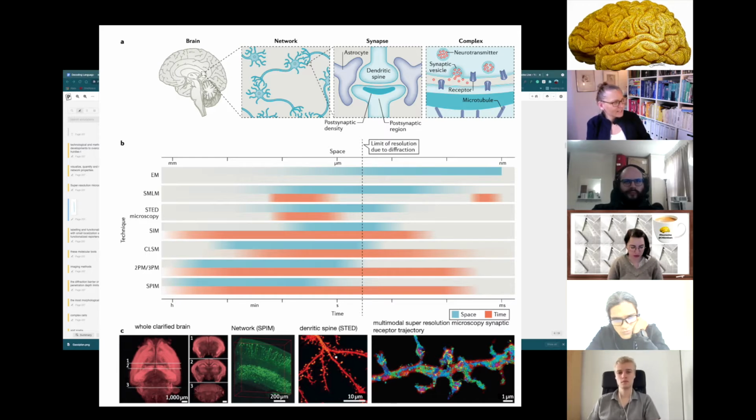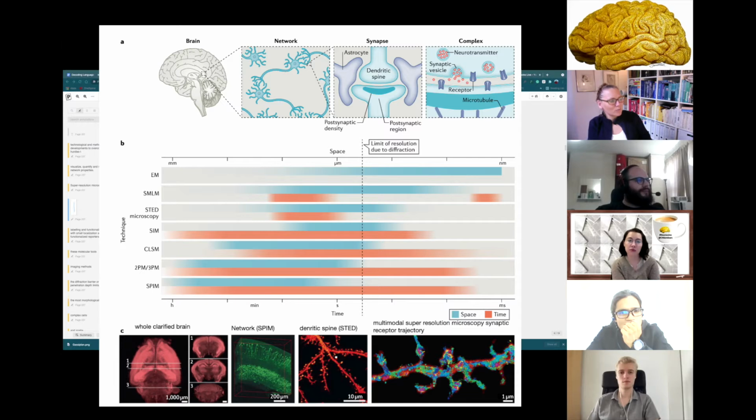And then as an example of what we can get from it, you can see here the whole brain imaging. That's a clarified mouse brain, I would assume, where you can see the entire brain. You can then also look at individual networks in that brain at 200 micrometers. And we can go down to the dendritic spine level. Now we're looking at 10 micrometers.